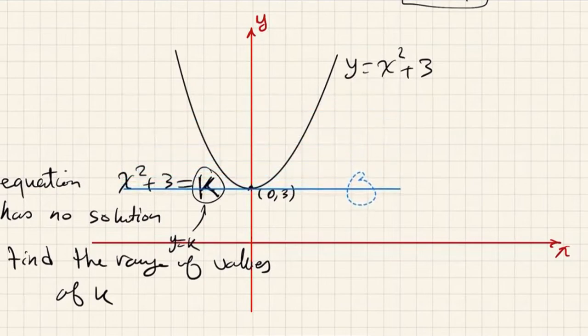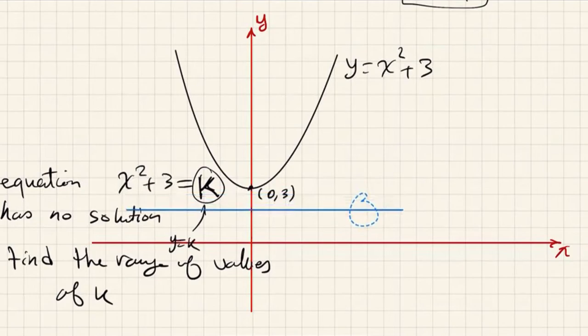This point has how many solutions? This line has one solution, because there is only one point of intersection, right? And this one, how many solutions? How many points of intersection between the line and the curve? More than one?